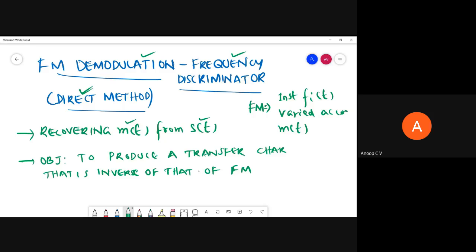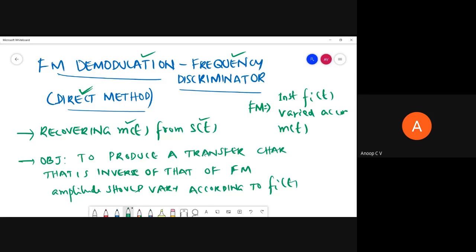The reverse in the sense that amplitude should vary according to Fi of t, right?